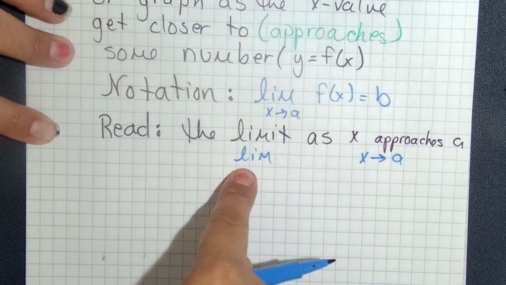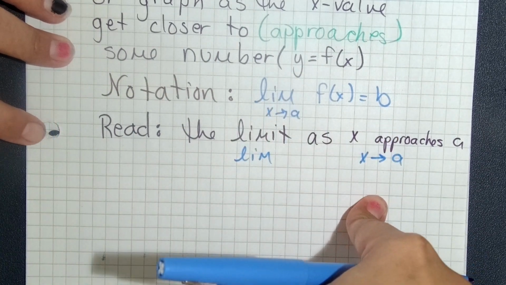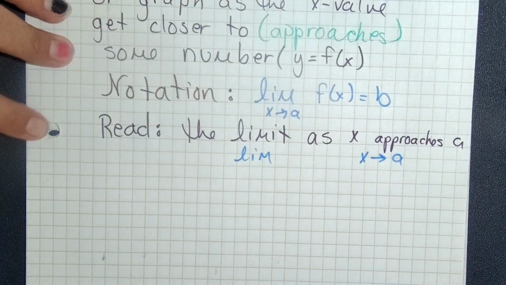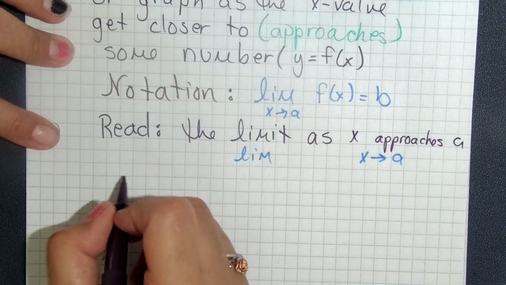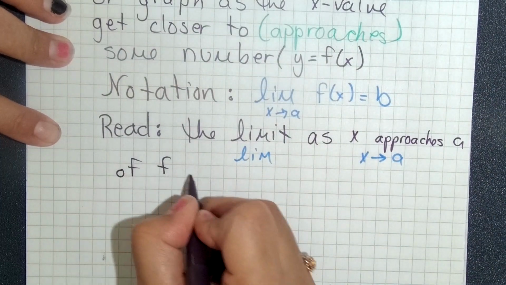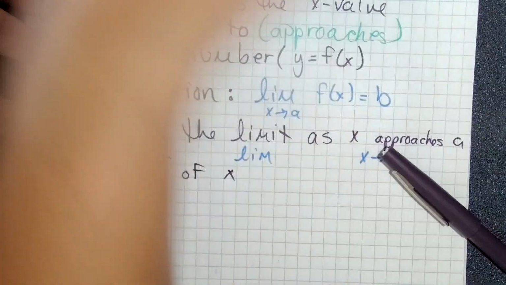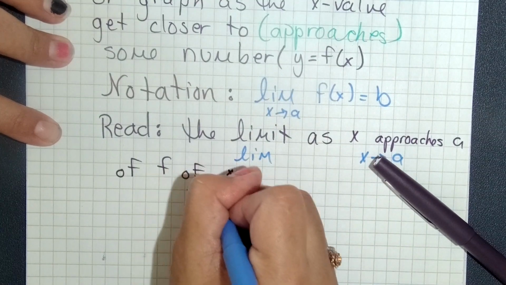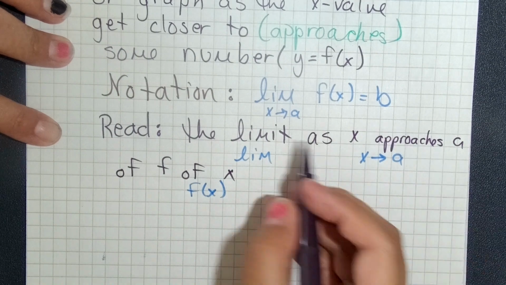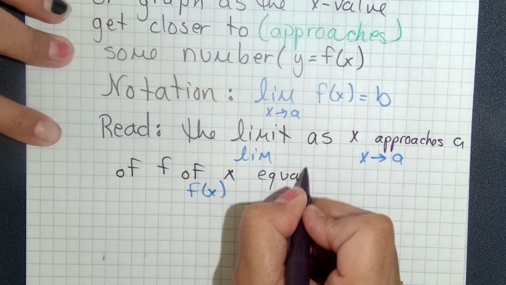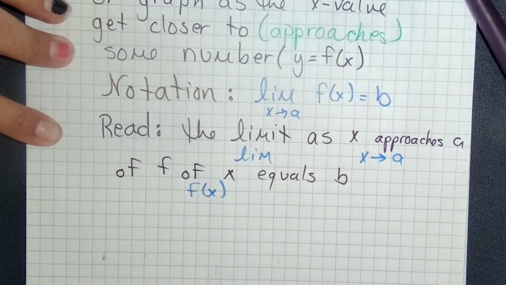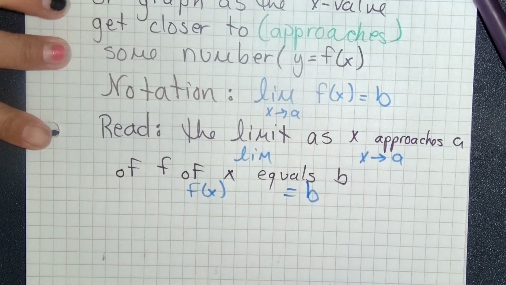I'm sorry, this goes with this. Does that make sense what I'm doing? Okay. The limit as x approaches a of f of x equals b.